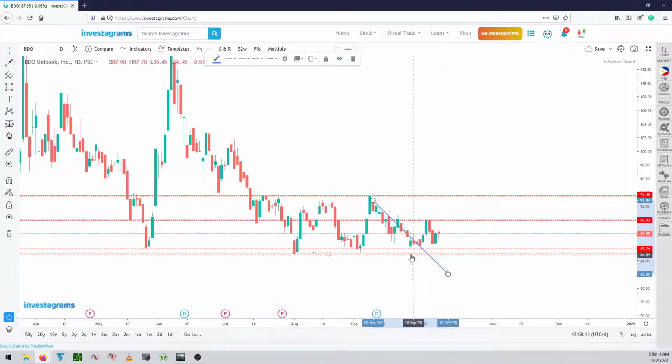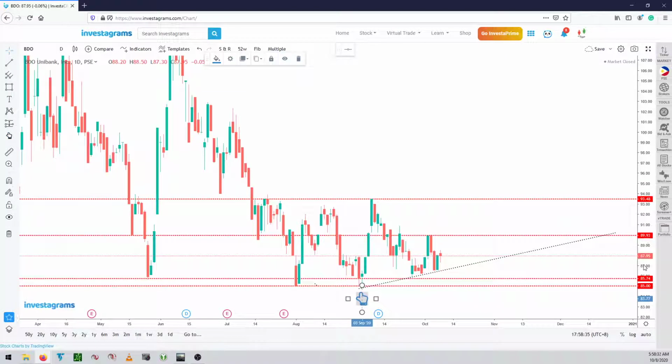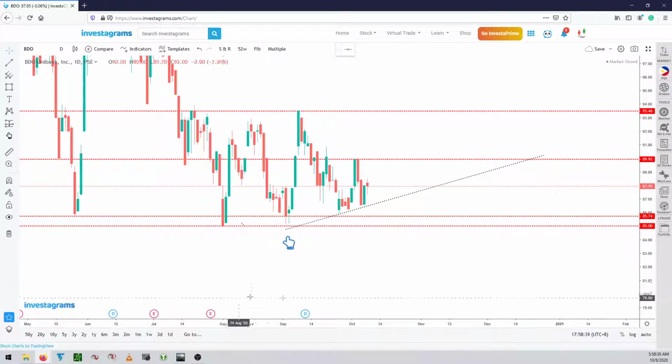But if today this market continues to go up, then this will look like this, which makes sense that buyers were holding there. So now we got buyers here. I'll make this a little bit bigger, so we at least have a better view here.